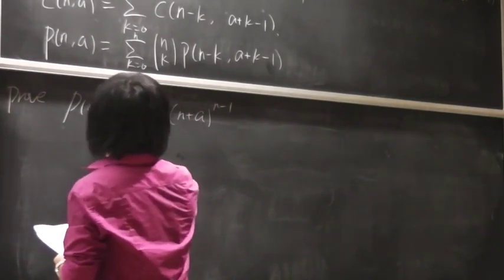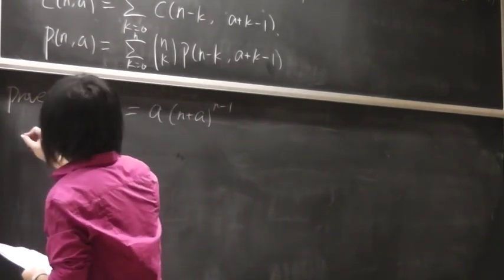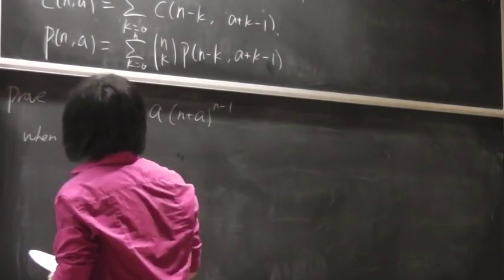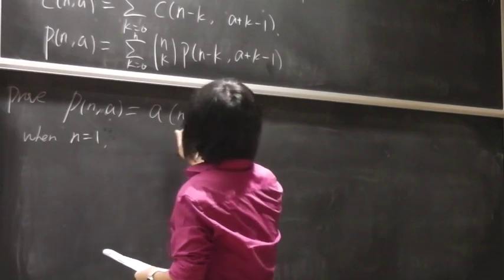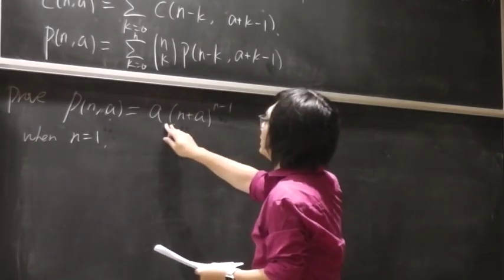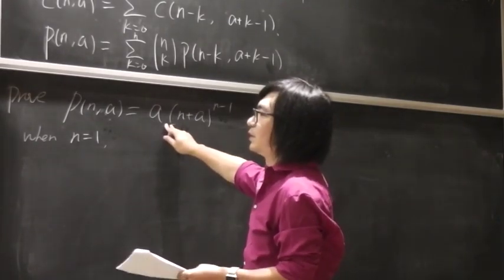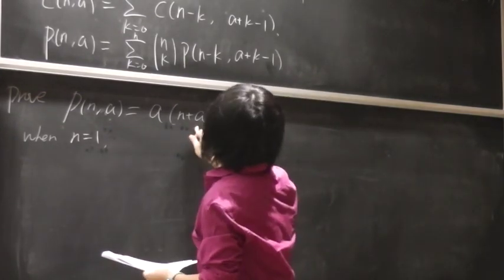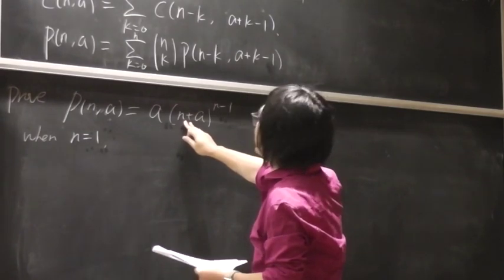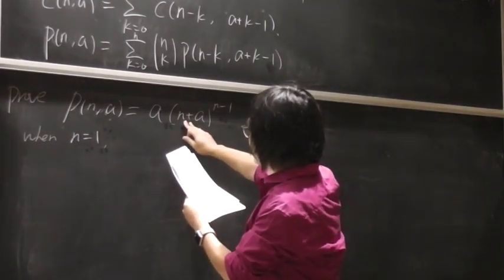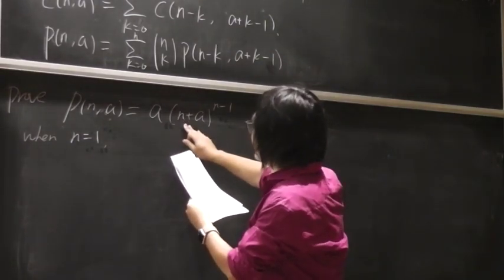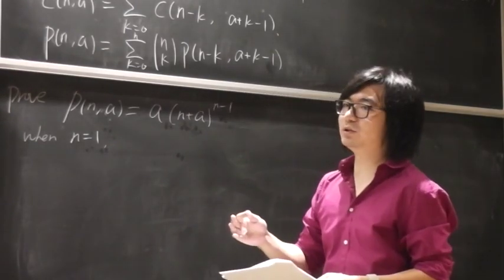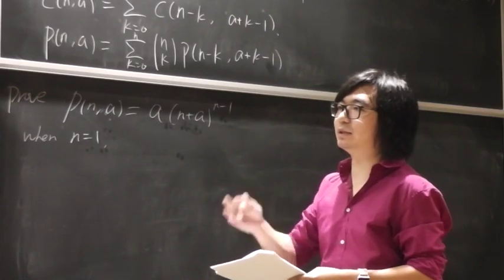So now let's check the initial conditions first. If n equals 1, there's only one term in the parking function, and it can be any number from 1 to a.